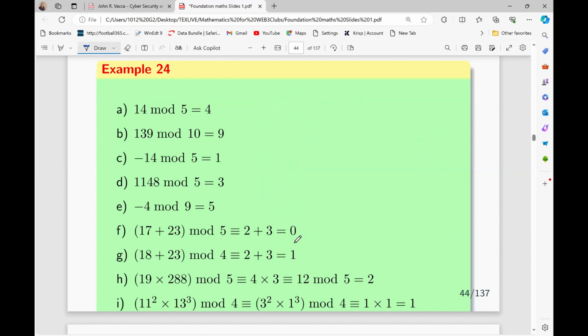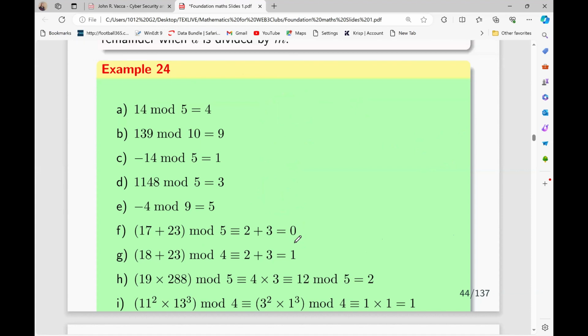Let's look at this example I. We want to continue the same notion that we deal with mod the same way we deal with the integers, so you can expand. What do you get when you expand? Mod 4 times 13 square mod 4.